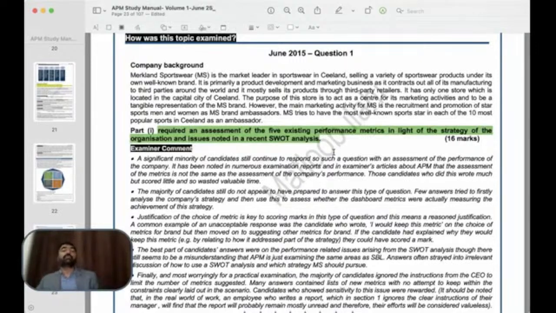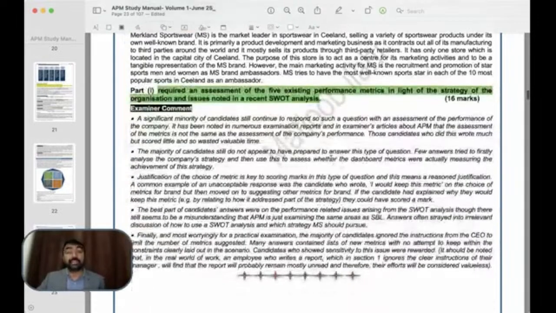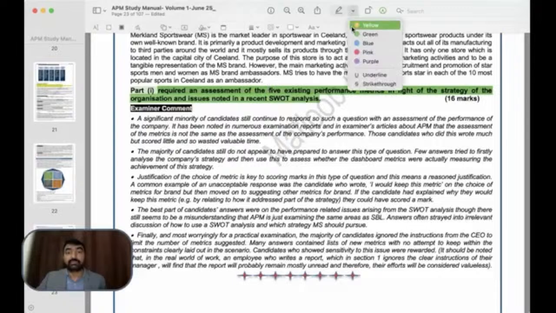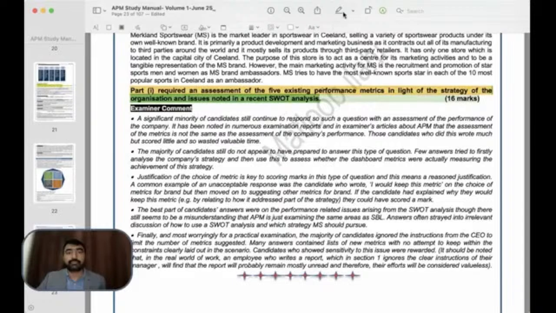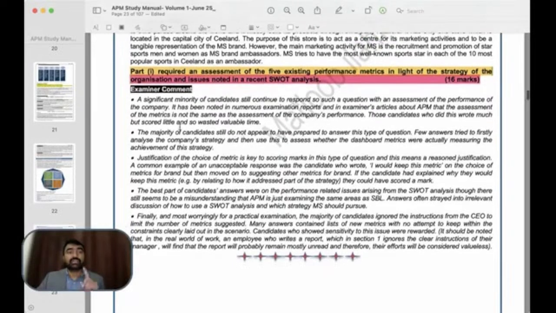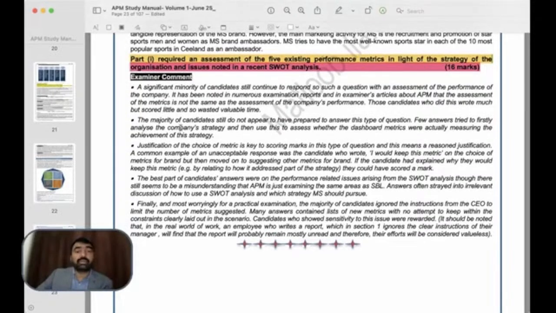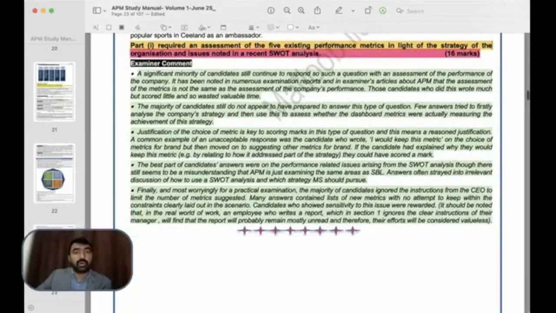Okay, so I hope you understand this very interesting requirement. I would suggest that you go through the examiner comments, because examiner comments offer very rich insights about mistakes and how you need to prepare for all this.